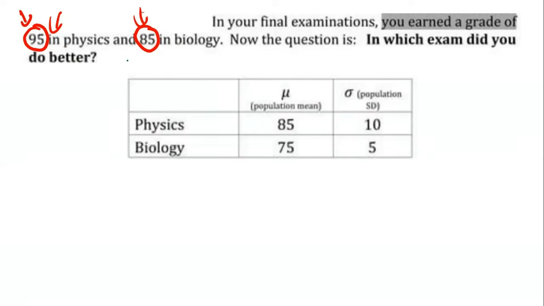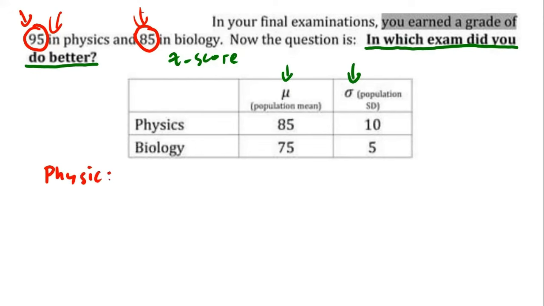Now, dito na papasok yung z-score natin. So, pwede nating sagutin yung question na ito na in which exam did you do better? Okay, so of course, dapat meron kayong mean at meron din kayong standard deviation. So, for physics, tingnan natin kung saan daw kayo mas magaling.